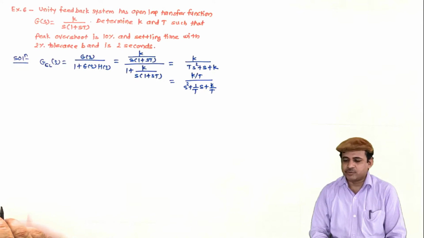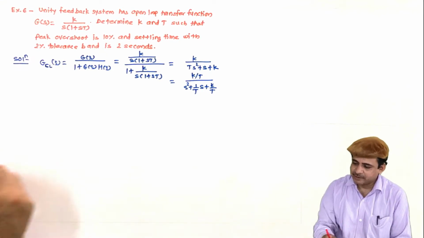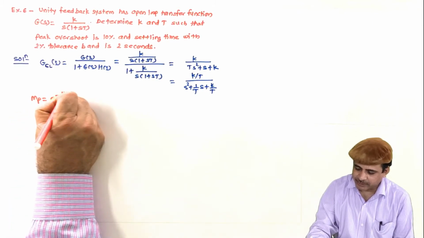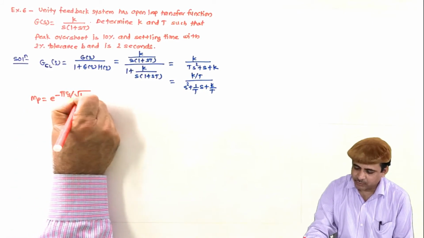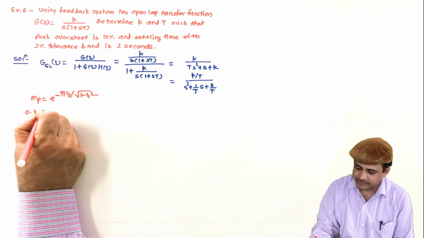So the next step is we have to find zeta and omega n from the given specifications. Here what we have is Mp, which is e raised to minus pi zeta upon under root 1 minus zeta square, and that is 0.1 because it is 10%.